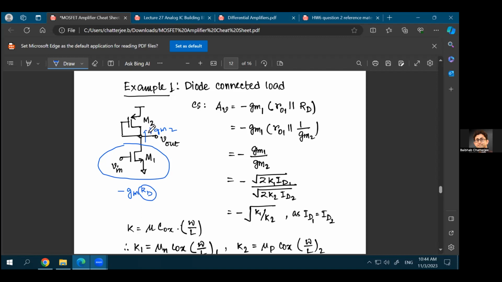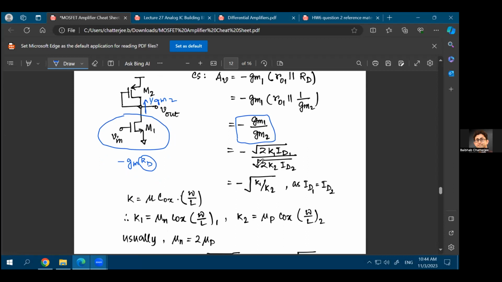RD is equal to 1 upon Gm2, because the resistance that you see looking up is 1 upon Gm2. So instead of RD, you just use 1 upon Gm2, and that will give you the equation for gain. The gain in this case will be minus Gm1 divided by Gm2, just because the resistance connected at the drain of the common source transistor is equal to 1 upon Gm2.